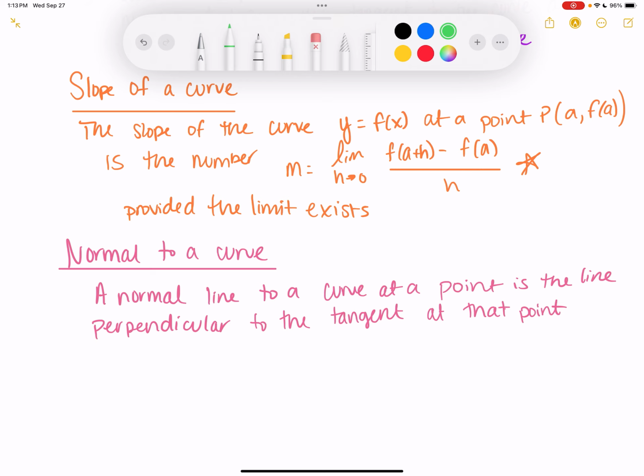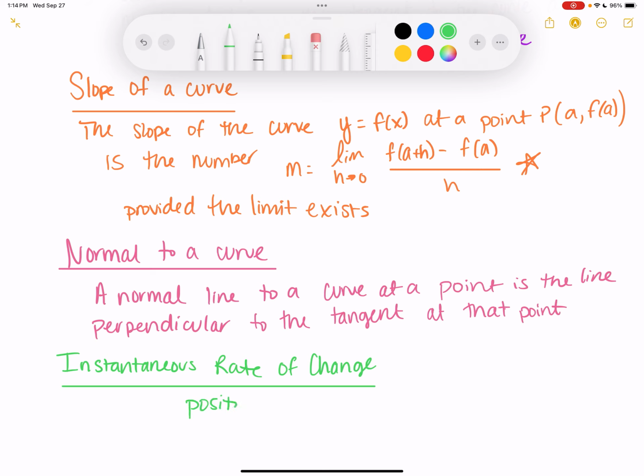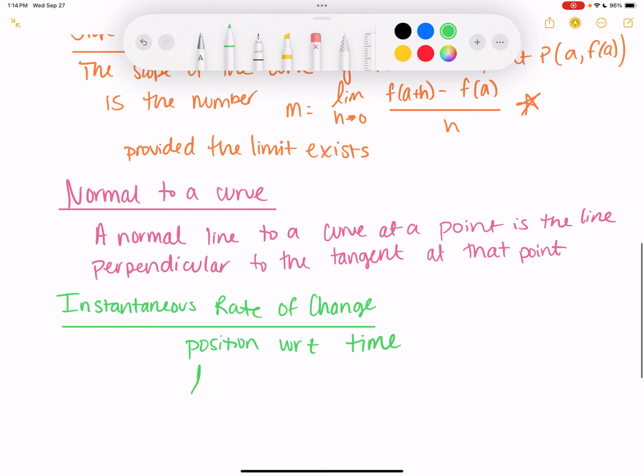And then the last thing is instantaneous rate of change. And so this is position with respect to time. So WRT is with respect to, and that's going to be the limit as h approaches 0 of f of t plus h minus f of t all over h.